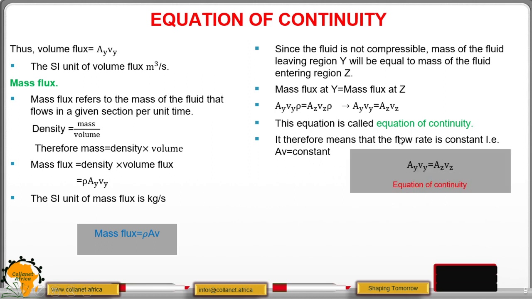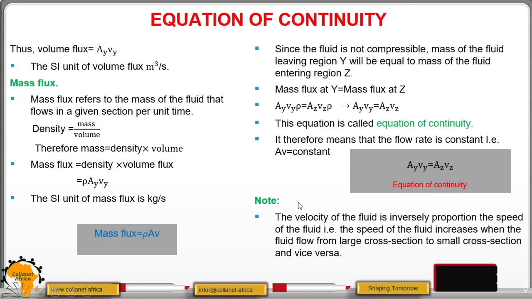So this is now the equation of continuity. Note, the velocity of the fluid is inversely proportional to the cross-section area. That means the speed of the fluid increases when the fluid flows from large cross-section area to small cross-section area, and vice versa.